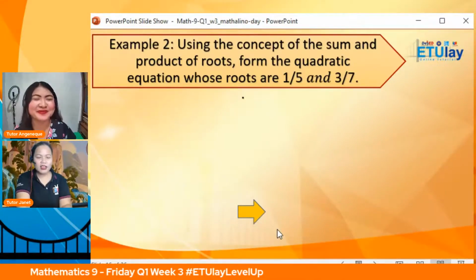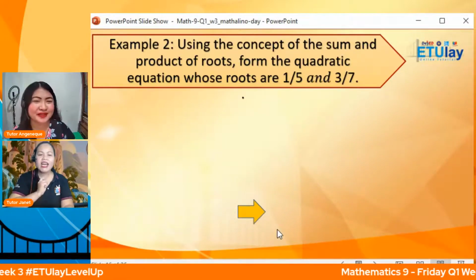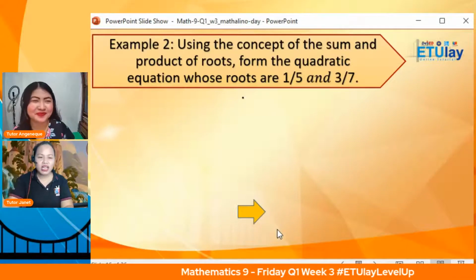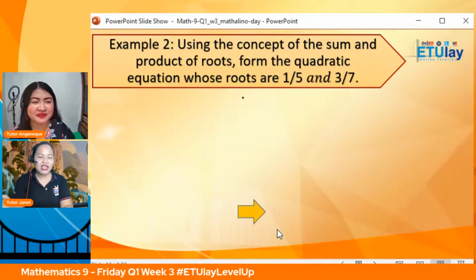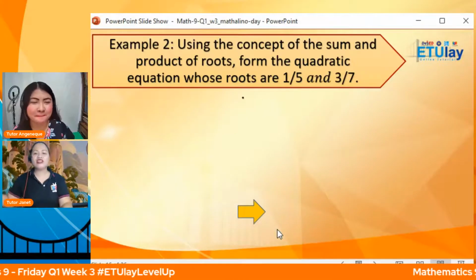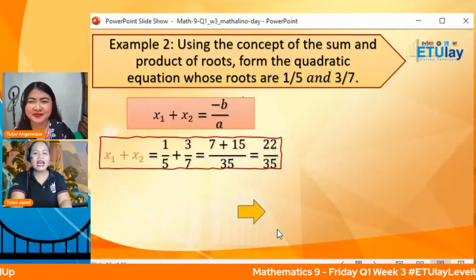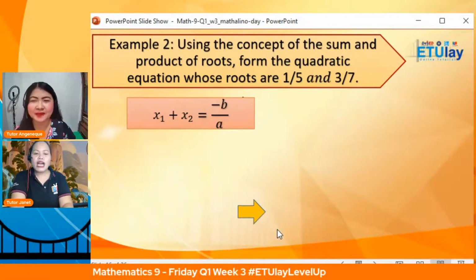Ang ating pina-plug in na sum ay manggagaling doon yung coefficient ng linear term over your numerical coefficient ng quadratic term. And of course, the product, ang ating product ay manggagaling sa C over A.